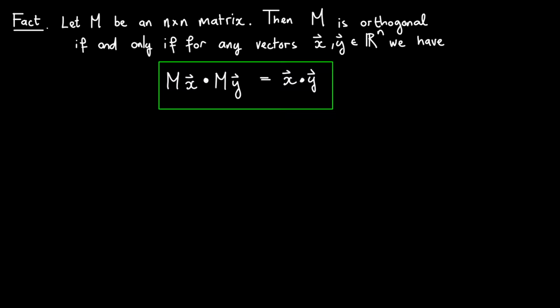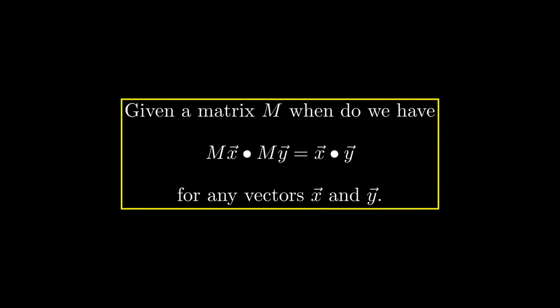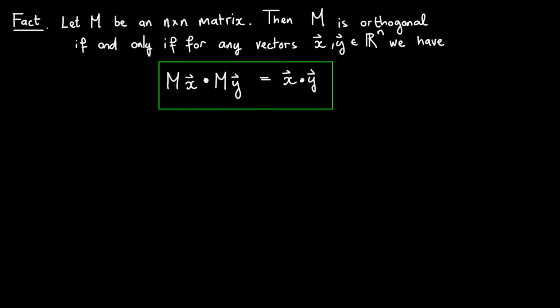So just to go back to what we said earlier, the question that we began the video with was, given a matrix M, when is it true that multiplication by this matrix preserves the dot product, which is to say that this formula here on the screen holds. And what we're going to see is that this is exactly the orthogonal matrices.